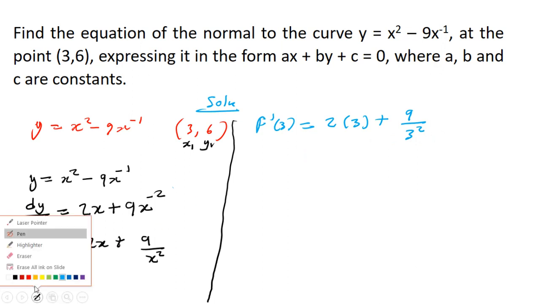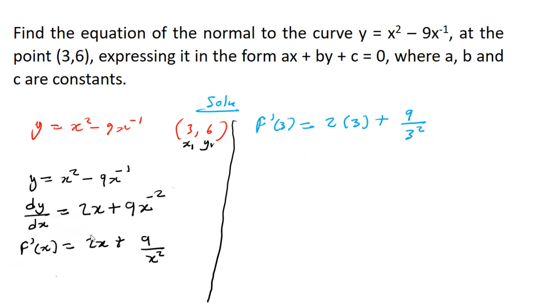So after you do that, what's next is just for you to multiply that. So f complement of 3, you know 2 times 3, it is simply 6 plus 9 over 9. So f complement of 3 is simply equal to 6 plus 1.